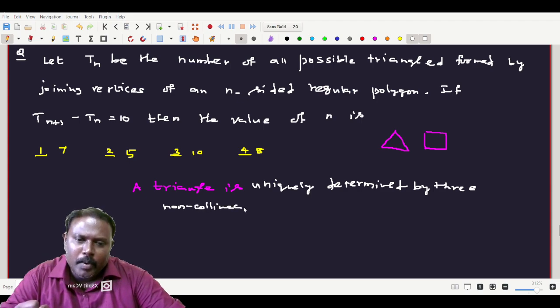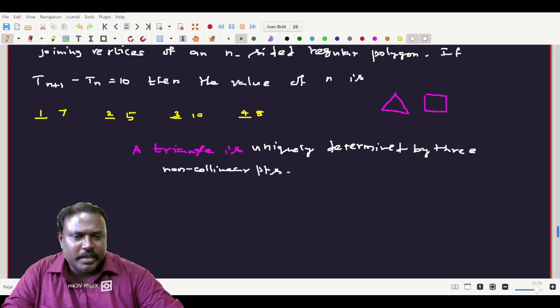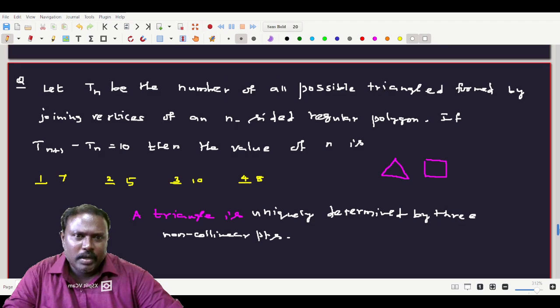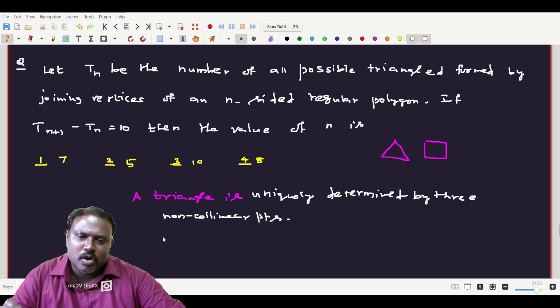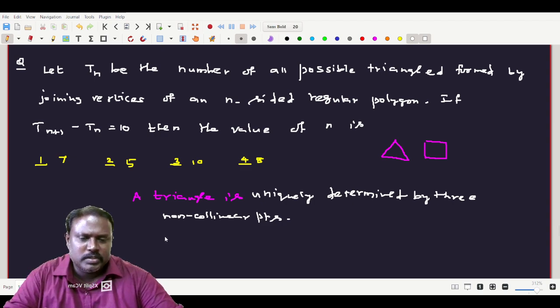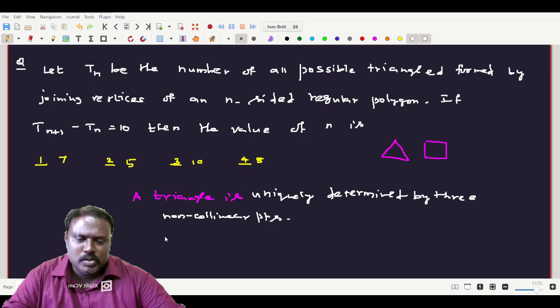So here, n-sided polygon, n points will be there. If we choose any three points out of these n points, we can create a triangle.